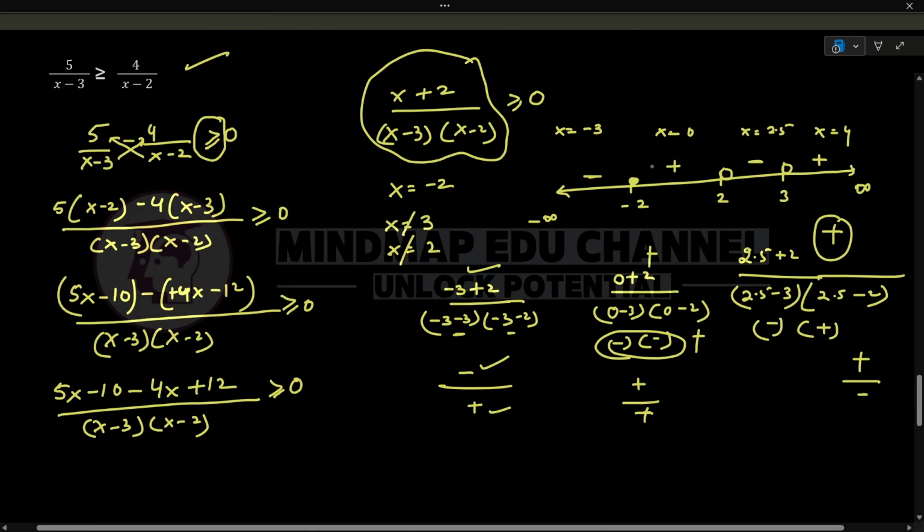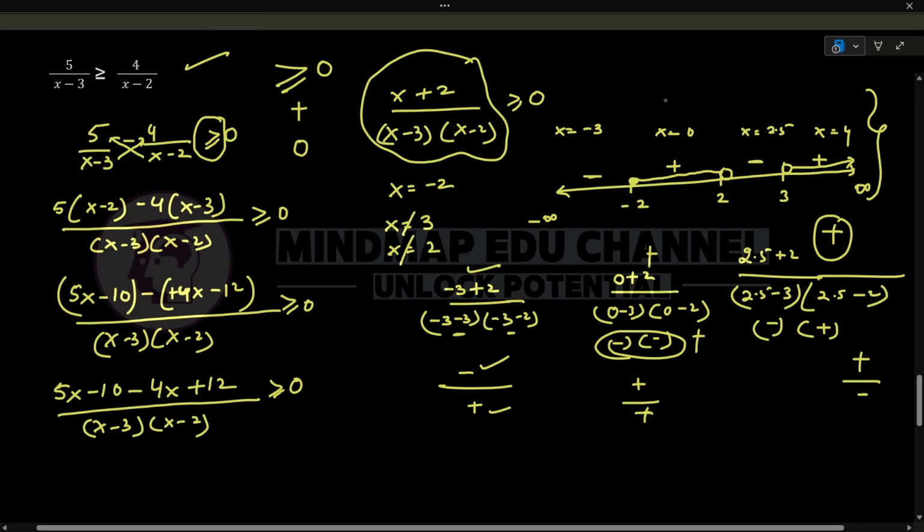Okay, so because it is greater than or equal to 0, we want plus or 0. Clear? So plus means we have from minus 2 to 2 and from 3 towards positive infinity. So this is in number line notation. Now let's write it in interval notation.